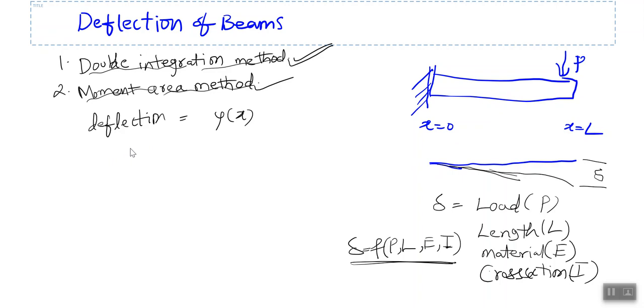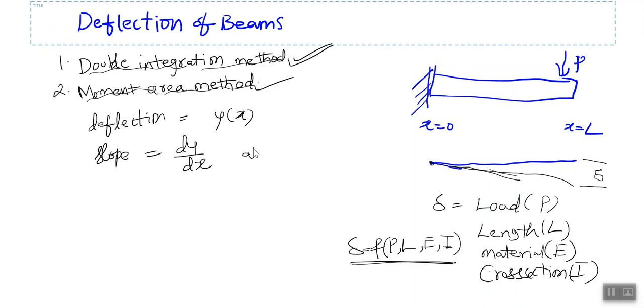If we differentiate this function one time, we will get the slope. Slope of the beam is nothing but the differentiation of the deflection curve. So it is dy by dx. For the cantilever beam, the slope here is 0.